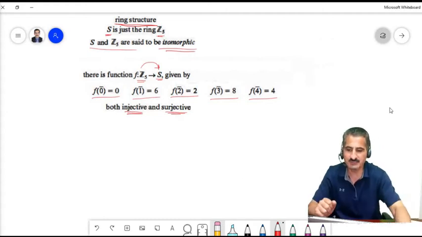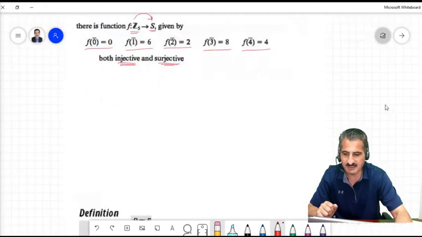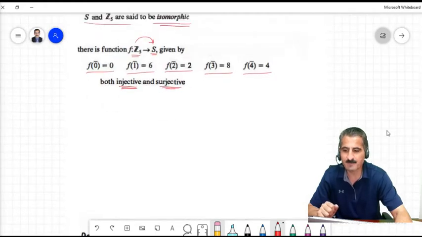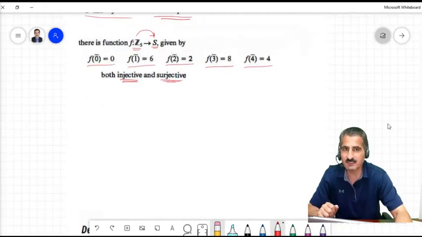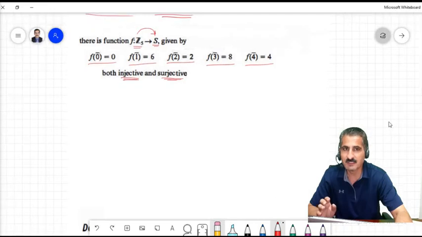So clearly, this function is injective and surjective, and it preserves the addition operation. The addition operation is preserved by f, and f also preserves the multiplication operation. And I want to do some demonstration for that, because this is very important.